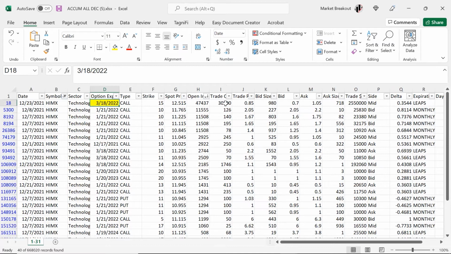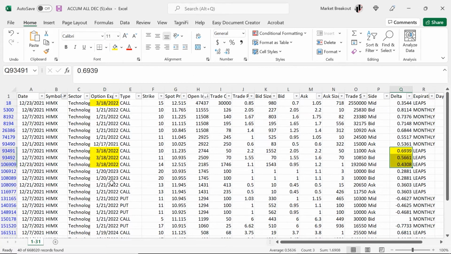This is call 15, and this is call in the money. We see call 10 January. Okay, again March, safety delta calls. Take a look, LEAPS 2023.